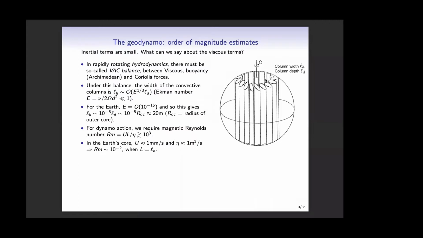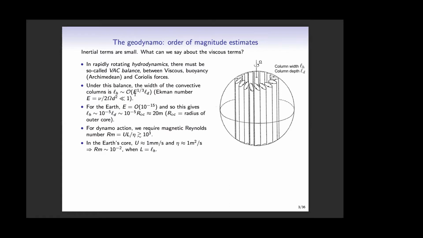This is the picture that we have, taken from an old paper by Busse, where you have essentially columns of depth L_D and width L_H, let's say. Under this VAC balance, you can show quite straightforwardly that the width of the columns is of order the Ekman number, which I'll say in a minute, the Ekman number to the one third, times the depth of the columns.